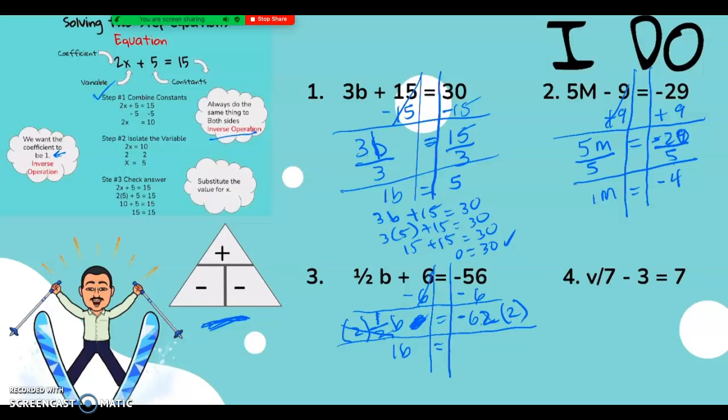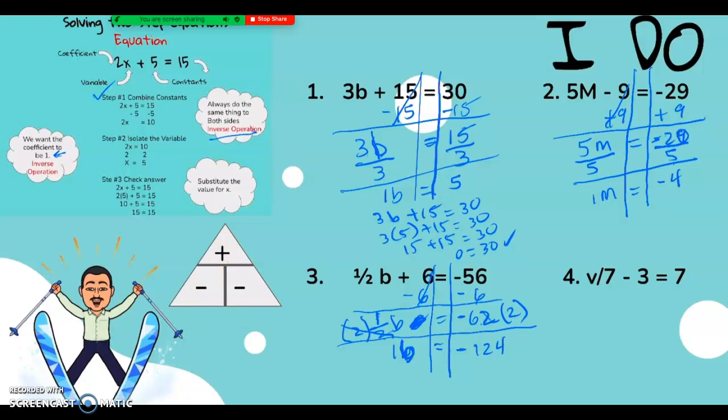And I'm multiplying a negative and a positive. So if I'm multiplying a negative and a positive, that means my answer is going to be a negative. So it's going to be negative 124. So 1b is negative 124. Okay.